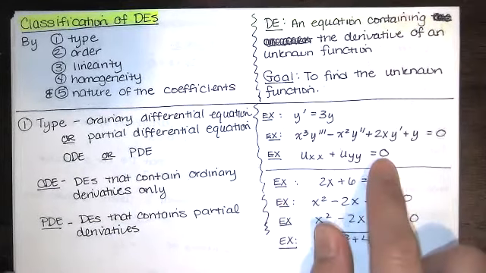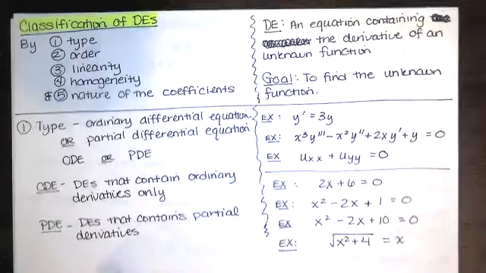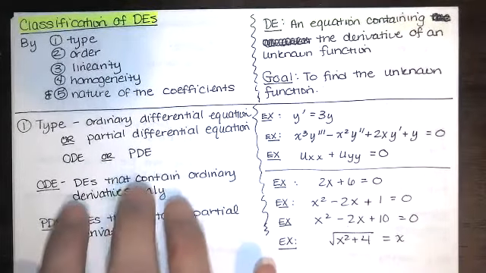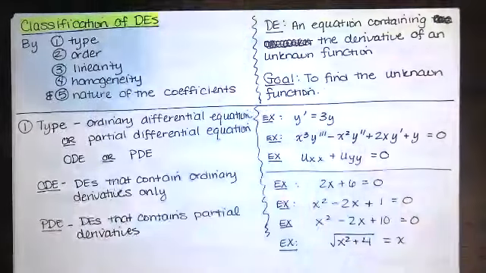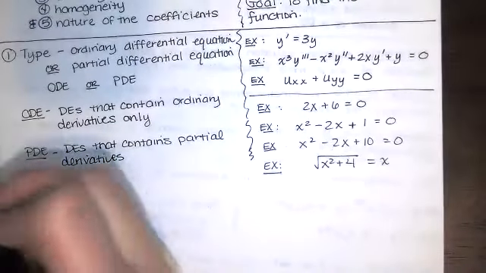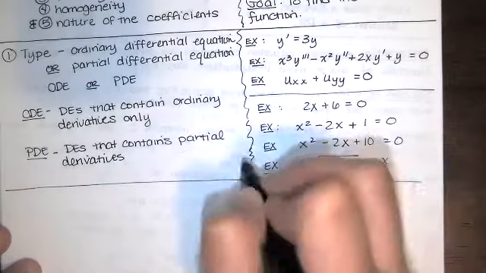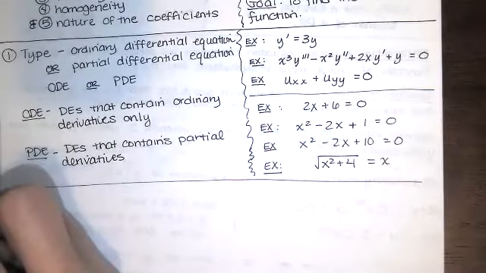This is a partial differential equation. In order to recognize ordinary differential equations versus partial differential equations, we need to remember some basic notation for derivatives. So let's review that.